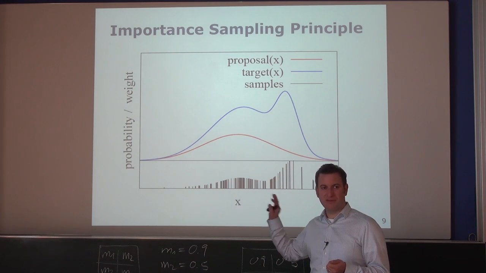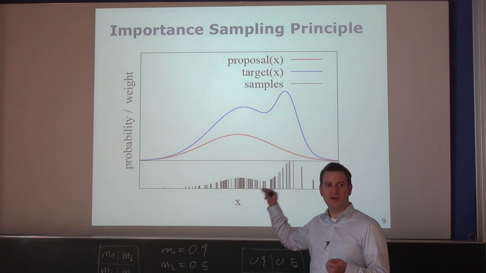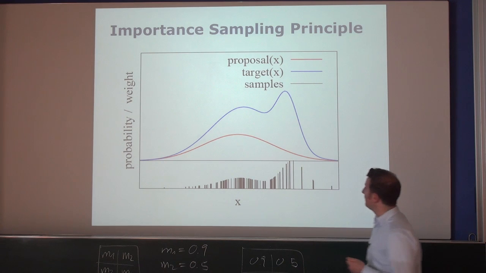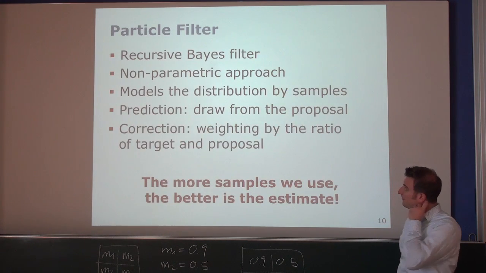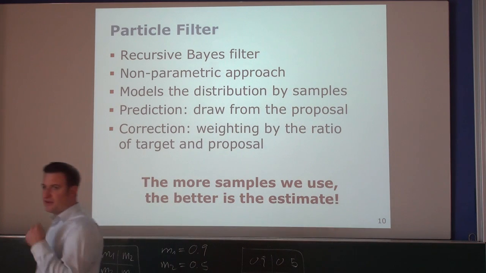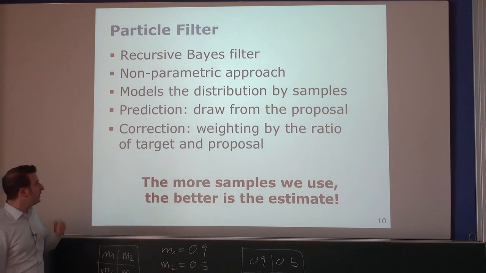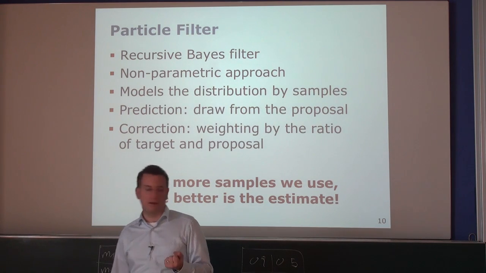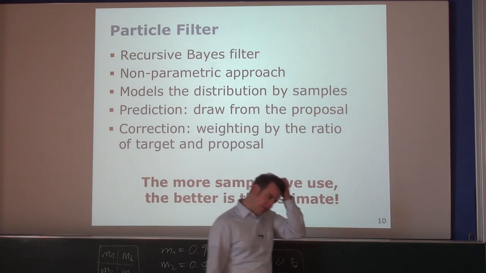I think I said before that's importance sampling. That's not exactly true, but importance sampling uses this to generate samples here. And what the particle filter now does is use those samples to represent the posterior and use exactly the importance sampling principle to update a belief. So it's a recursive Bayes filter.